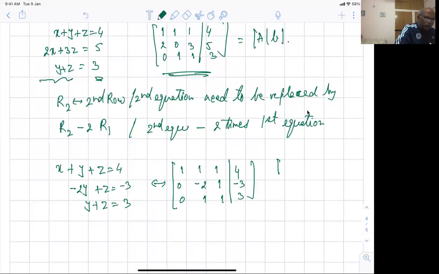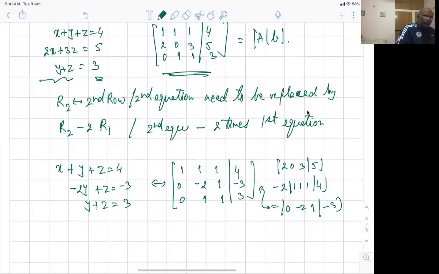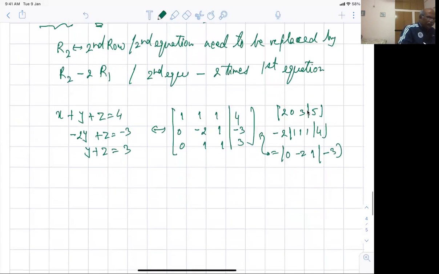R2 is 2, 0, 3 and 5 here. This minus 2 times 1, 1, 1, 4 gives you 2 minus 2 is 0, 0 minus 2 is minus 2, 3 minus 2 is 1, and 5 minus 8 is minus 3. So this is what you are getting here. Just try that out and understand it.